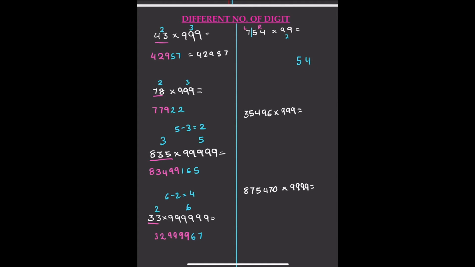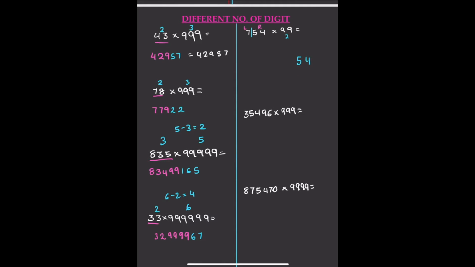So the last digit you have to add to another number to give you 10. The rest of the digits you can do the same, and you have to see which number you will have to add to these digits to give you 9. So only the last digit, that's 10. The other digits are 9.